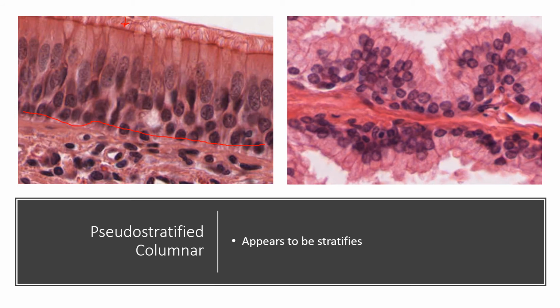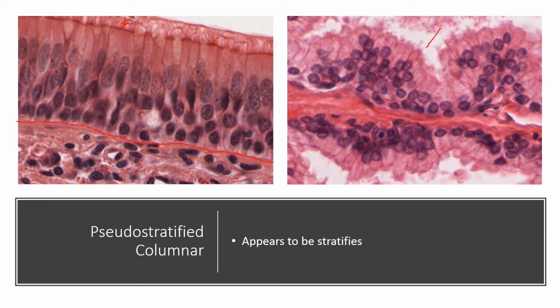So that's why this is pseudostratified. Even though it doesn't look like it, each one of these cells is actually connected to the basement membrane down here. If it was a true stratified epithelium, not all of these cells that you see here would be connected to this basement membrane.